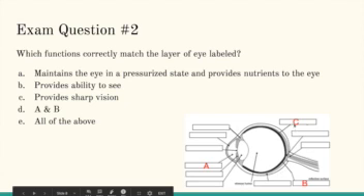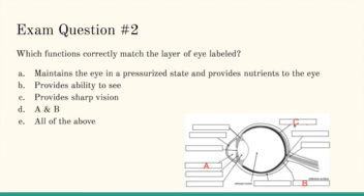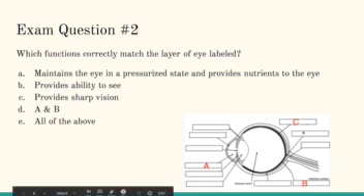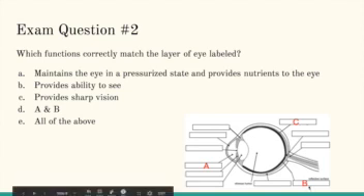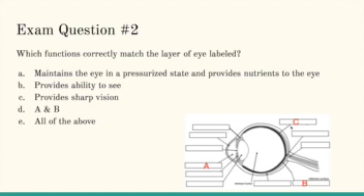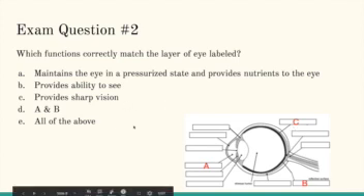Then C, which is the retina, could easily be mixed up with the fovea just because the fovea is a part of the retina, but the function of the retina is to provide you the ability to see overall, versus where the fovea focuses on sharp vision for specific things. So your answer will be A, because the ability to see is too broad for the fovea, and provide sharp vision wouldn't be correct for C because that's actually for the fovea.